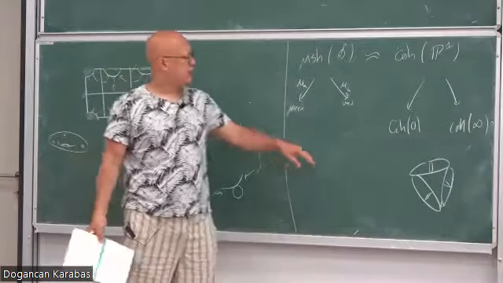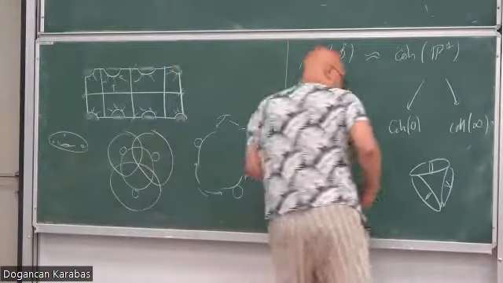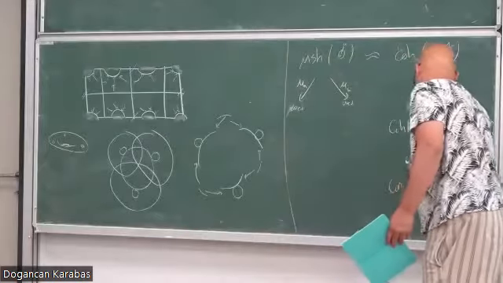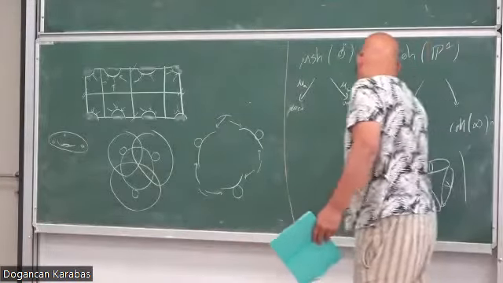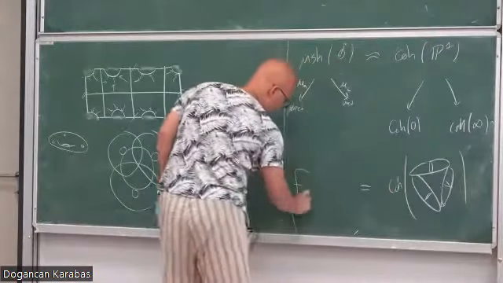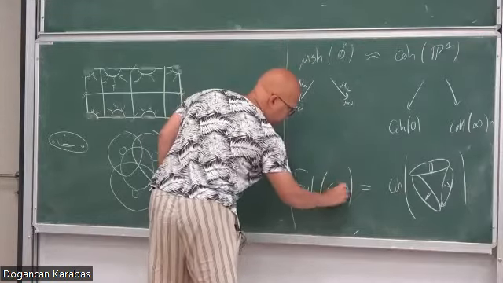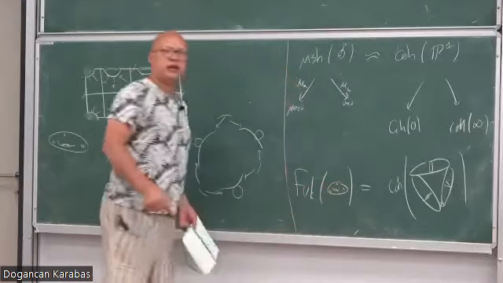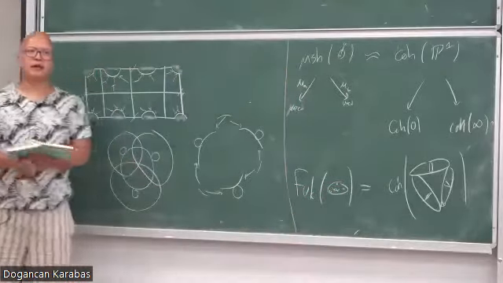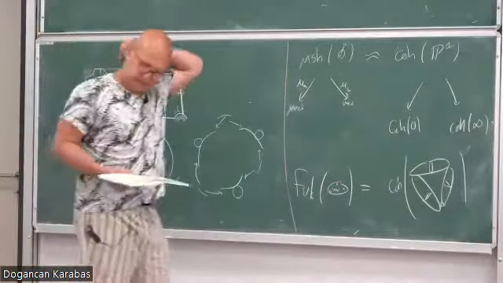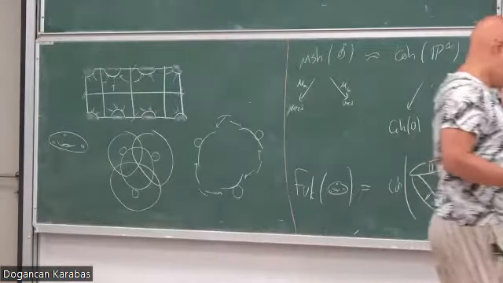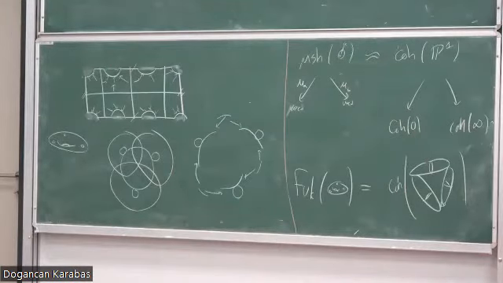These facts together allow you to reduce the statement that coherent sheaves on this guy is the category of this thing to the calculation which I explained last time. So that's the way in which we connect to mirror symmetry.